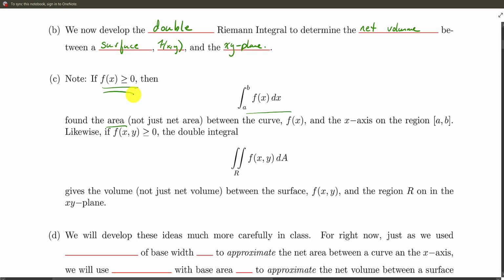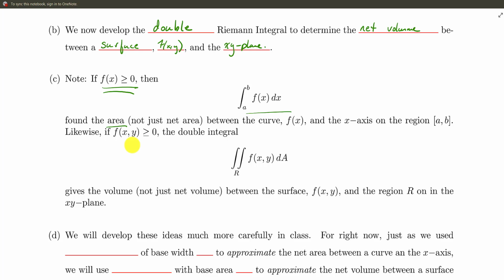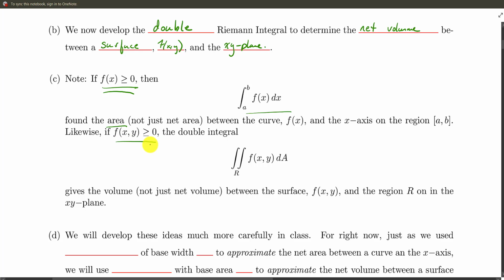So likewise, the same thing holds in Calc 3, that when we deal with a surface whose z values are always greater than or equal to 0, then when we compute this double integral here, and by the way, this is how we denote a double integral. It's simply the double integral sign, and then in this case, if it's over the region R, we write that region below there. Okay.